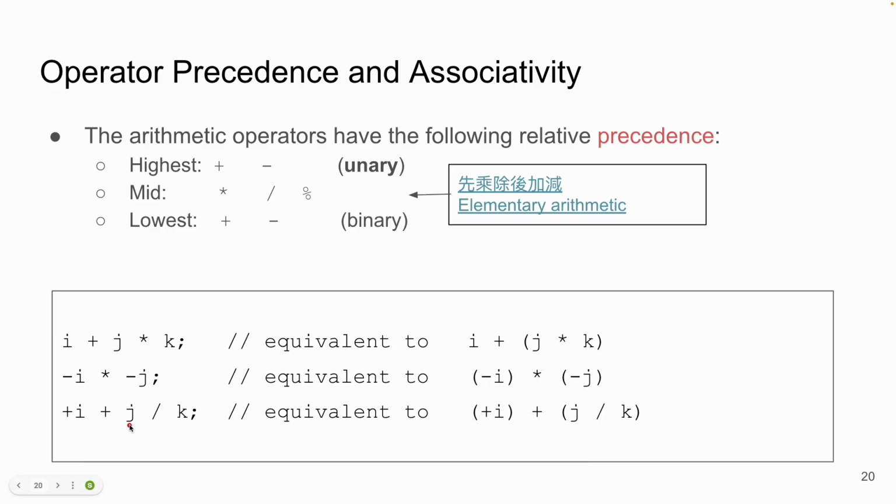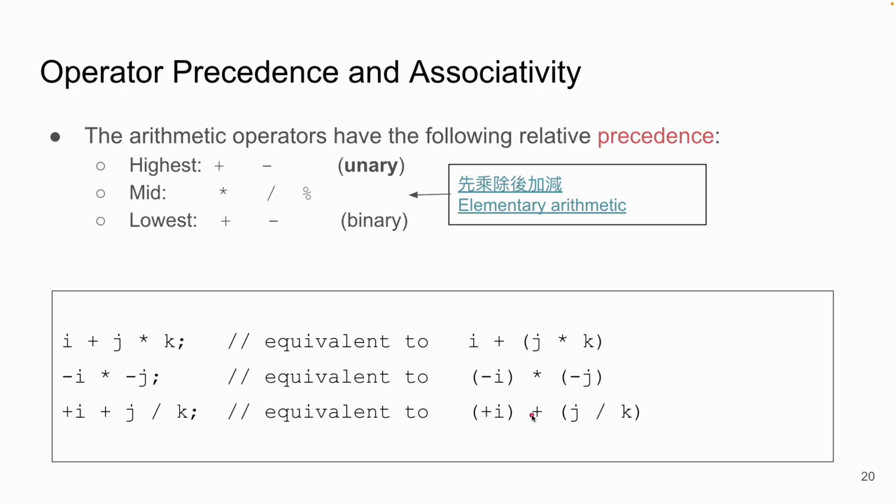And in this case, we have another unary operator here. So the positive operator will apply to J first. And then we have another division here. So this division will be calculated first as well. And then the results of these two sub-expressions will be added together using this addition operator.